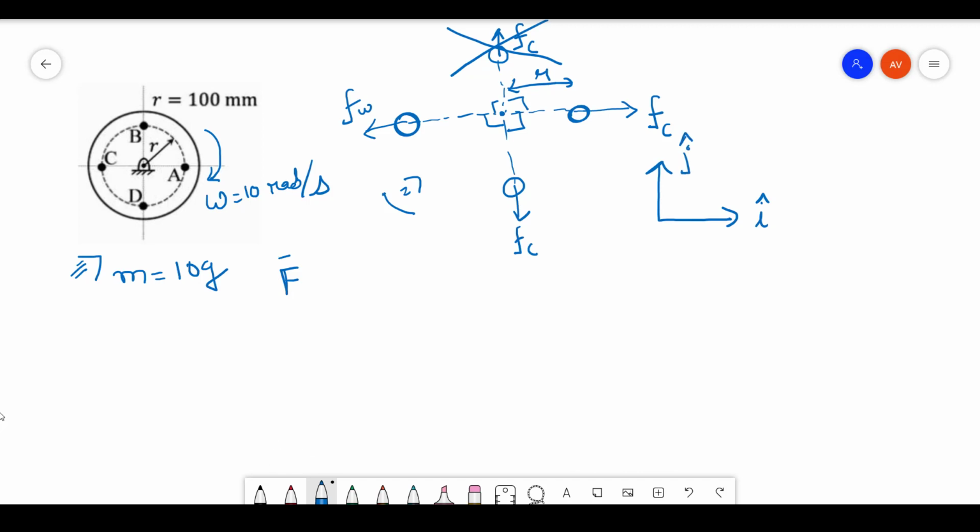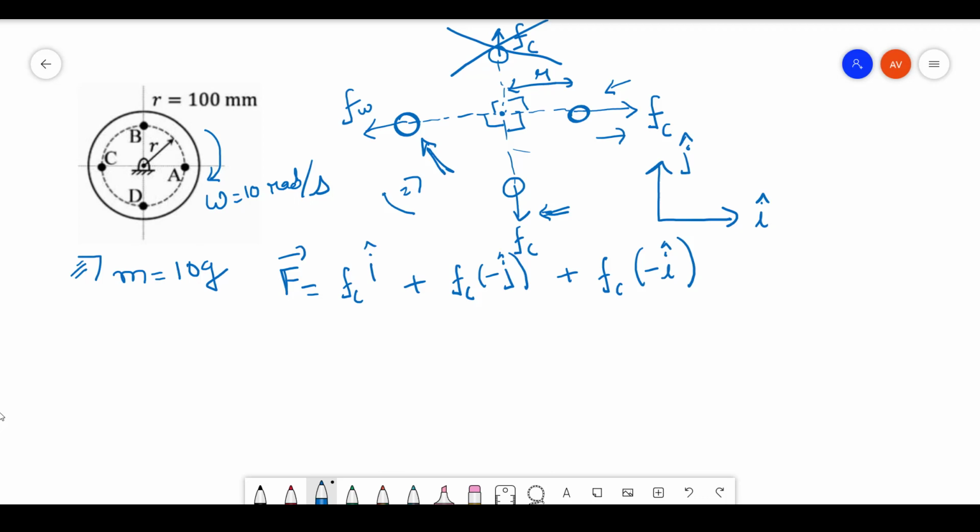Now you can write the force vector as follows. First, along the I direction, you write Fc magnitude into its vector I cap, plus then Fc into negative j cap, plus for this particular one, Fc into negative I cap.